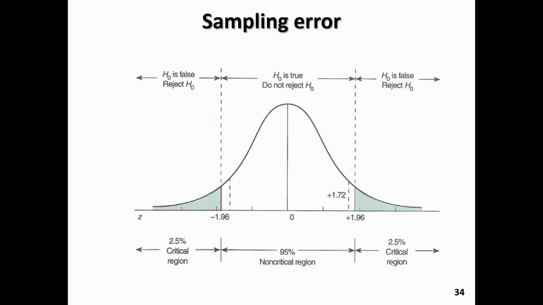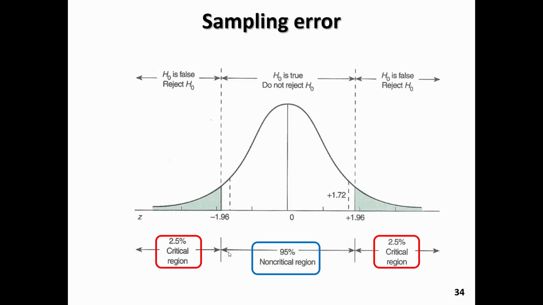So because we're using the z-test, we are basing the test on the normal distribution, our bell-shaped curve. And recall that the normal distribution is divided up into particular regions. What we have here is a 95% non-critical region.